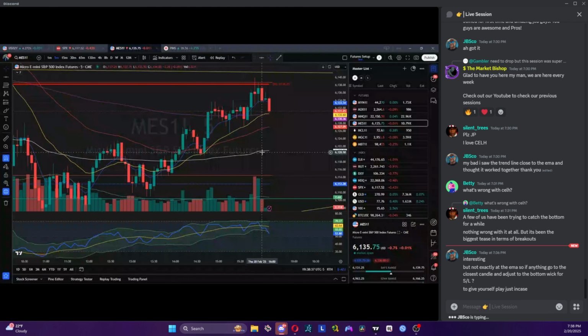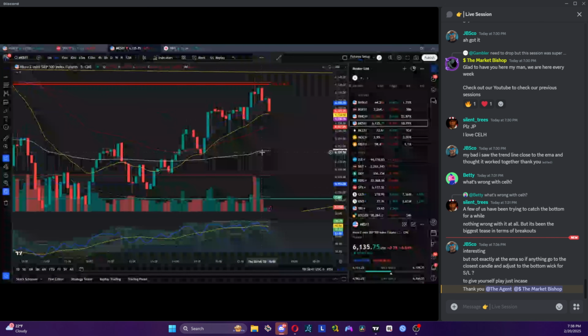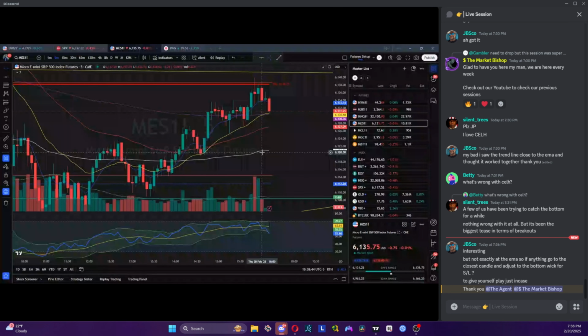Not exactly at the EMA. So if anything, go to the closest candle and adjust to the bottom of the wick for the stop loss. I don't understand what you're saying. It's from our guy Joe Bosco: not exactly at the EMA, so if anything, go to the closest candle and adjust to the bottom of the wick for stop loss.